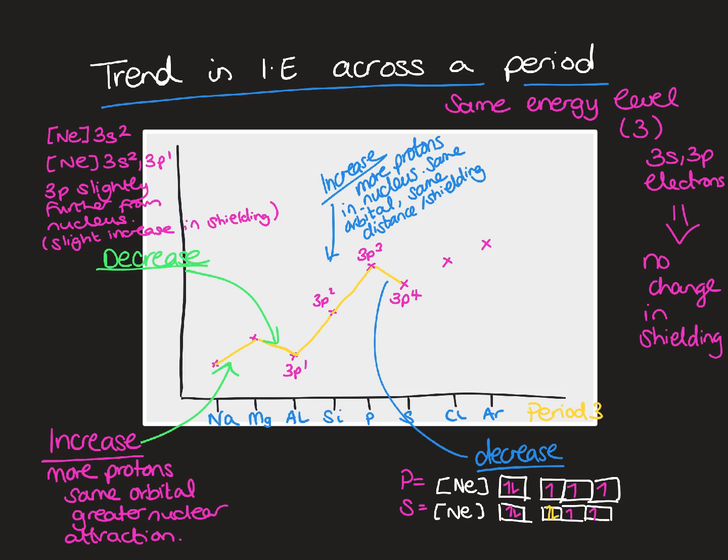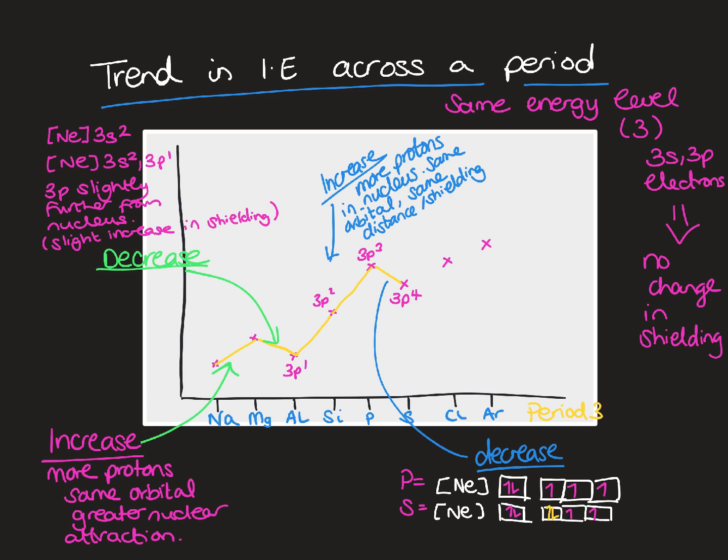And then for sulfur, I have got the 3s2, and then you can see that one of the p orbitals has got paired electrons in it, and the other ones are singly occupied. Now this pairing means that with the 3p4 electron configuration, it's easier to remove an electron because you've got paired electrons and you've got repulsion.